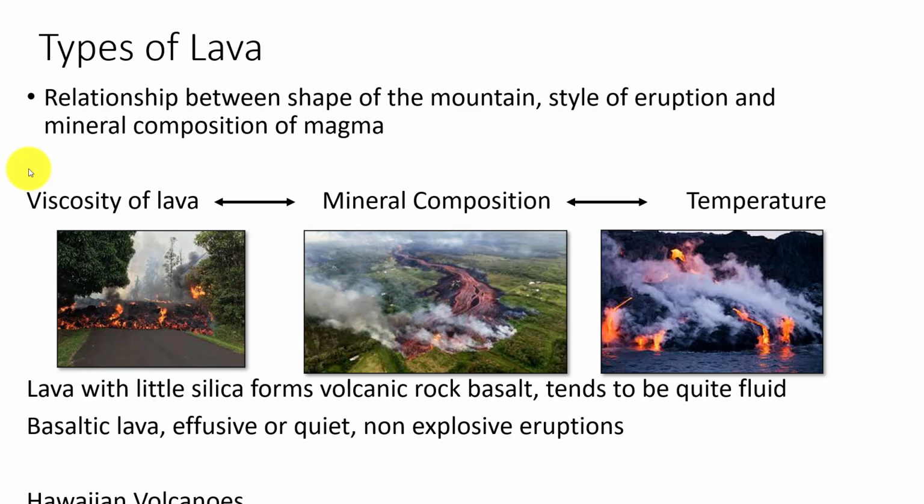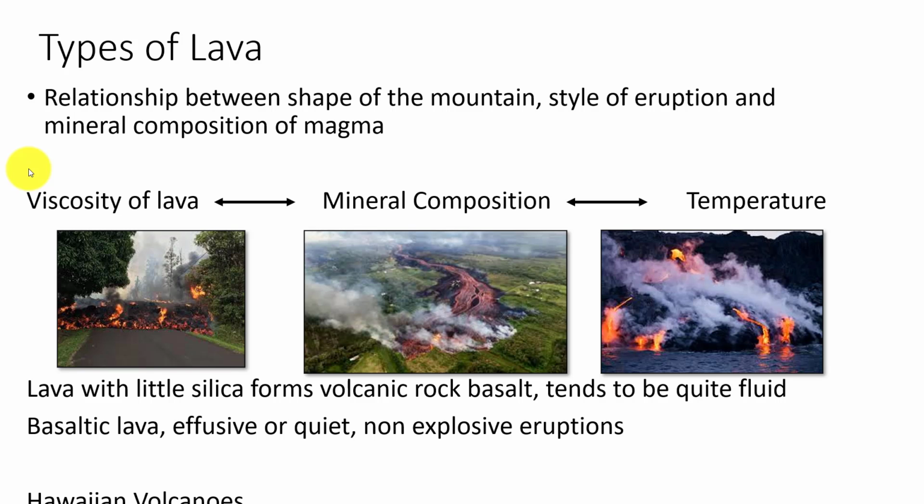So lava with very little silica forms the volcanic rock basalt, and this tends to be quite fluid. Basaltic lava is effusive, or relatively quiet, non-explosive eruptions. This is characteristic of the Hawaiian volcanoes.